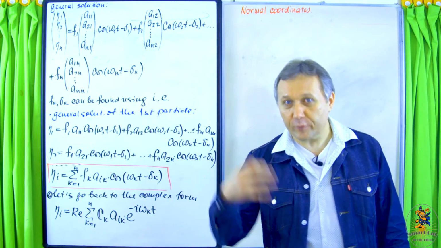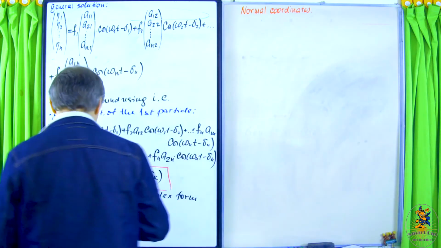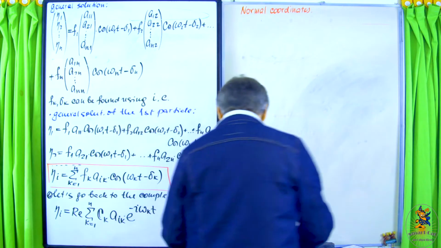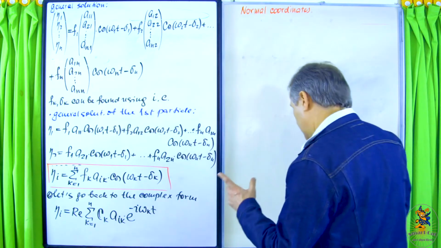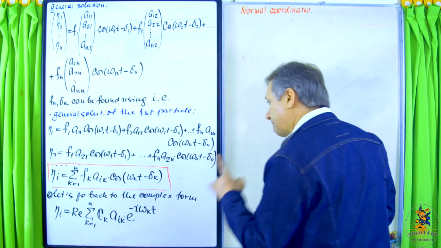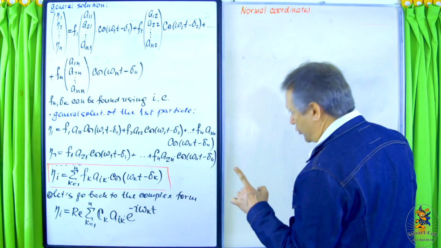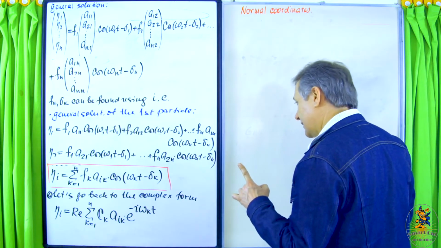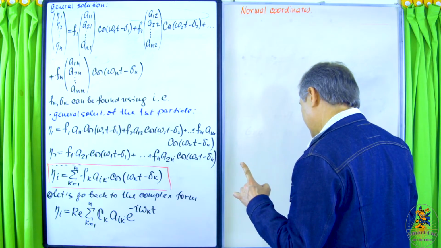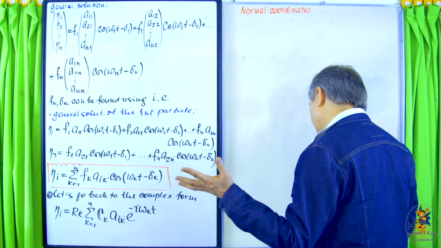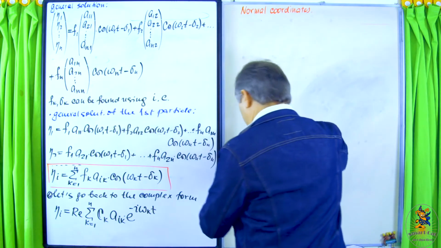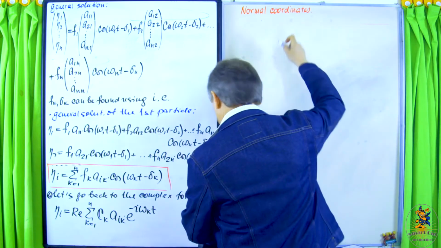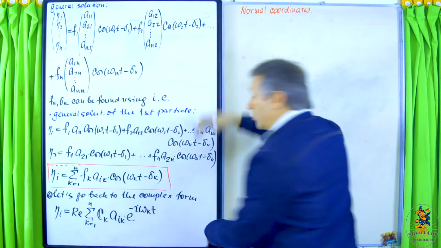That's where we go. From this point, we're going to start. Should I rewrite the solution again one more time? Yeah, let me rewrite it since we are now under a new title, and then I will write what I just told you.